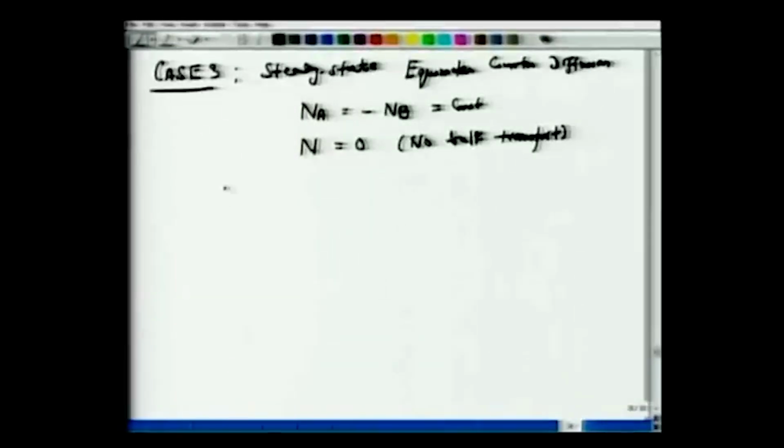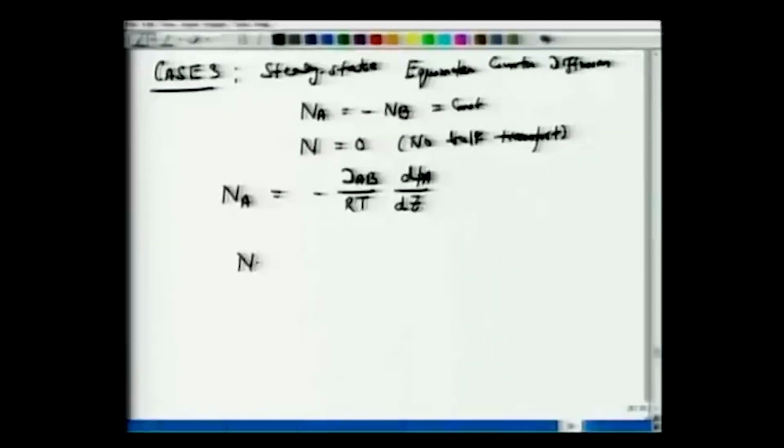If you put the same equation with n equal to 0 and simplify, we have Na equals minus DAB over RT dPA over dz. And then one can integrate this to get an expression for Na equals DAB over RTz times (PA1 minus PA2).